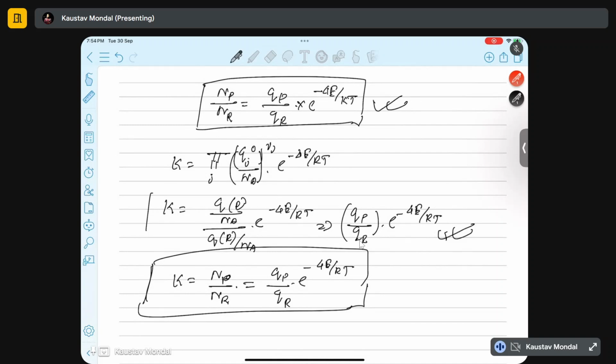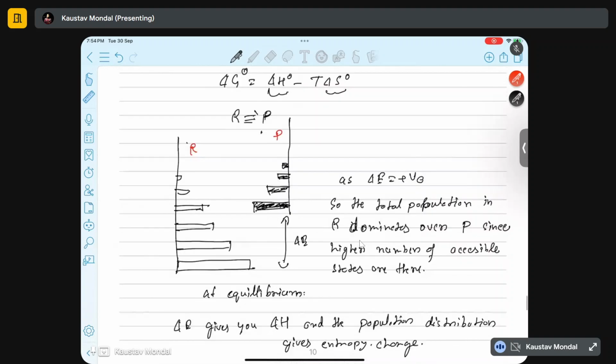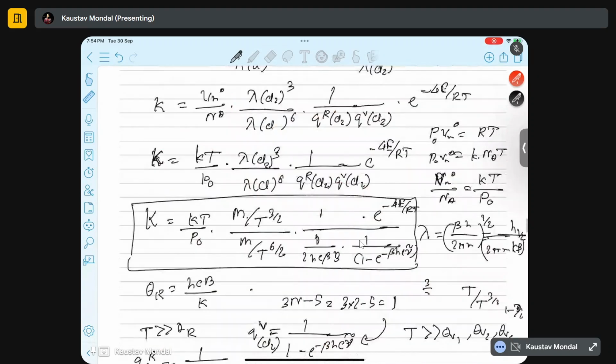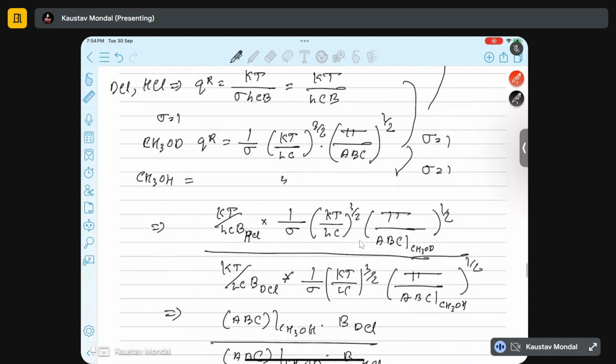Now, how this whole thing is happening, we'll discuss in the next class. We will start from the next class itself how this whole thing is basically coming. So for today's discussion, that's it. We have done a lot of things. We started with how the equilibrium constant is related to the partition function. We've done some problems regarding that.